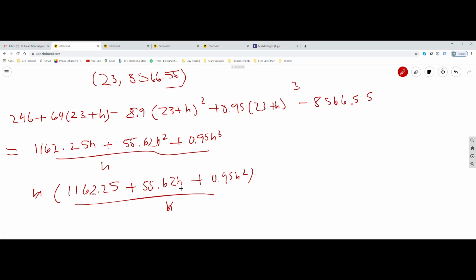And when you substitute h as 0, you're left with 1162.25. You need to multiply this by 1,000 to get its true value, because this isn't in thousandths. So your actual value is 1162250.